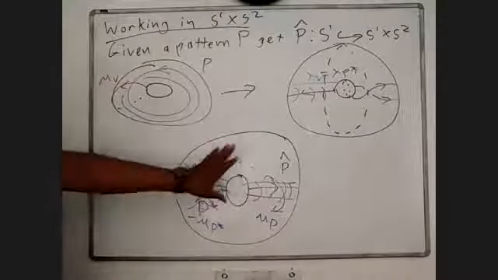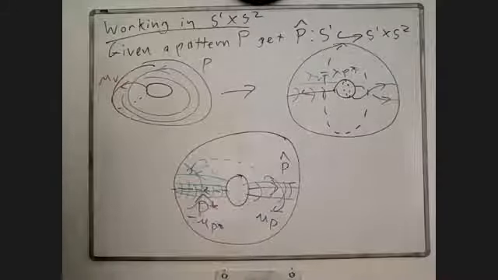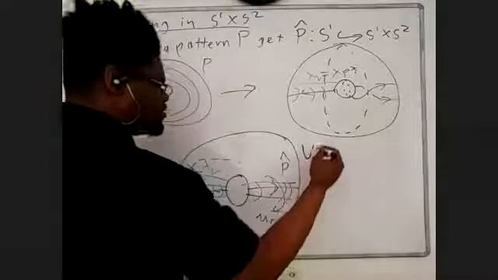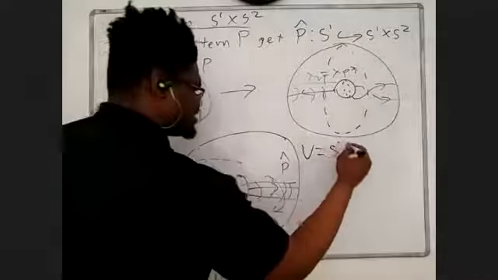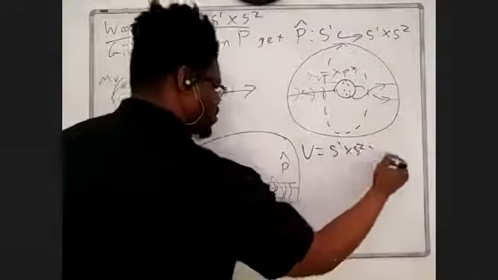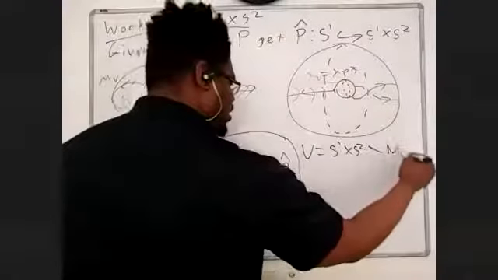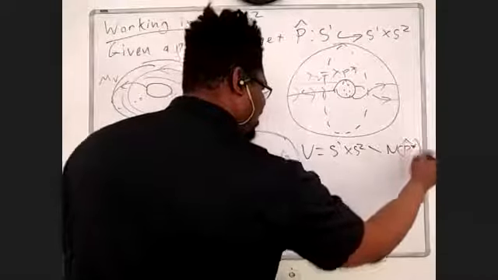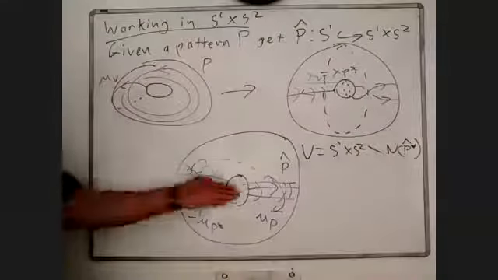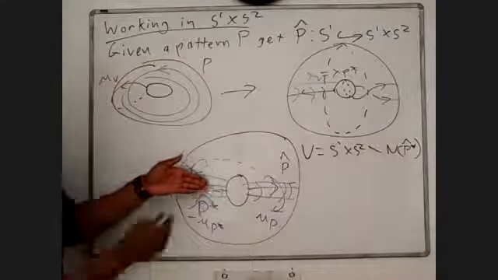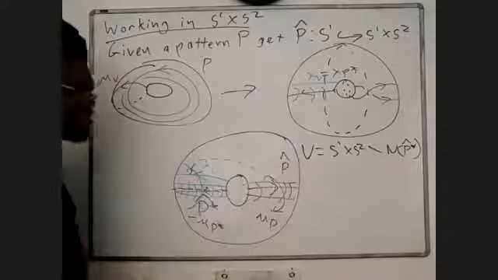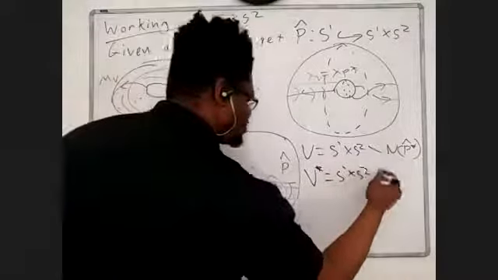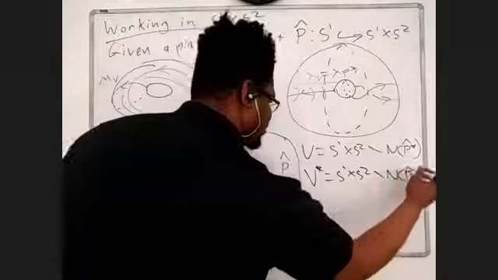Now, what's nice about this picture is that, like we said before, V is just S1 cross S2 where we remove a neighborhood of P star hat. We remove the dual side and you get our V. And V star is just going to be the same thing where we just drill out the pattern.